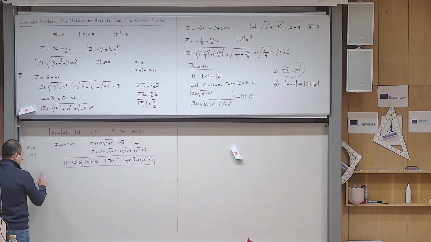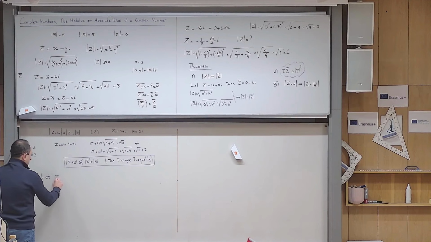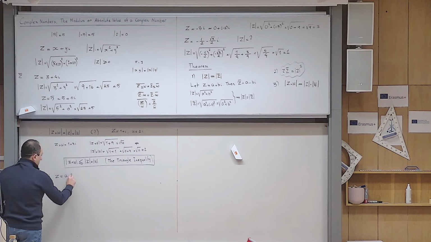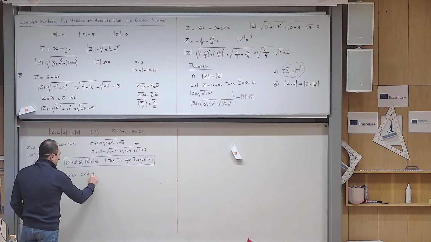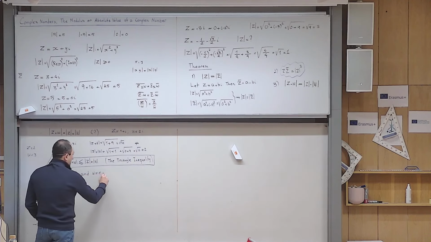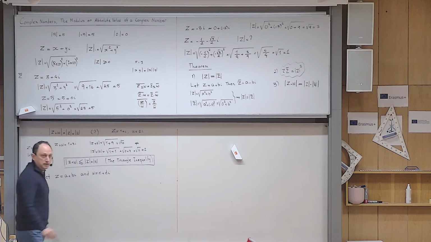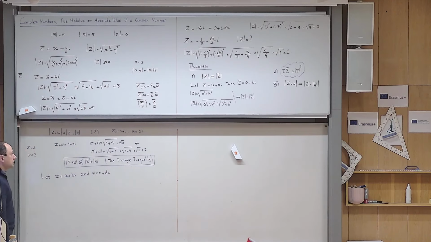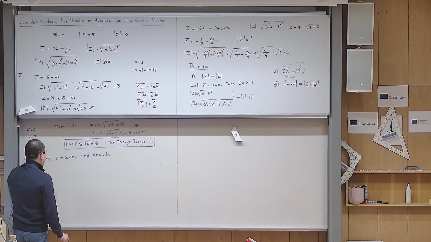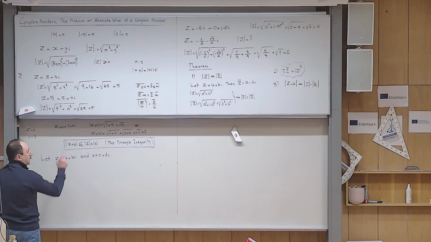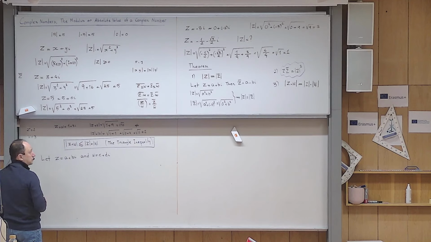So I would say let z be equal to, for example, a plus bi, and w be equal to c plus di. So how should I do that now? I will start calculating the absolute value of z times w.